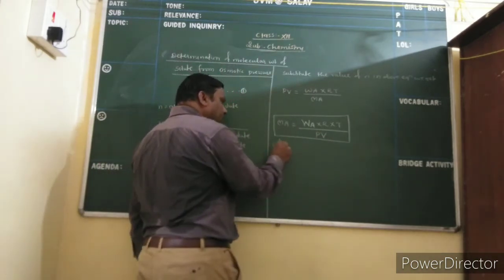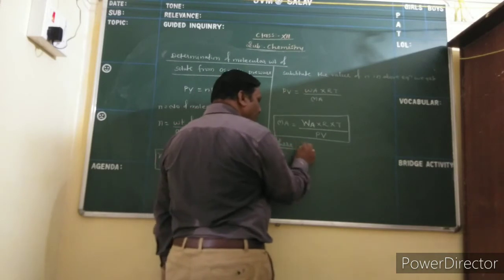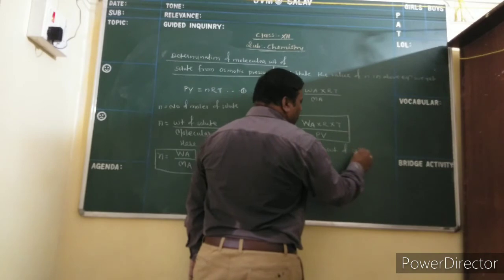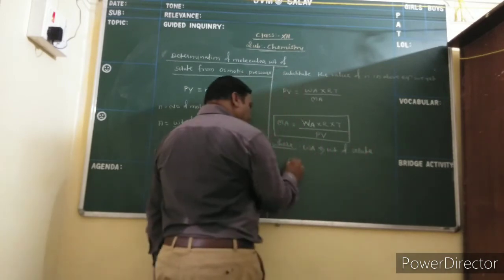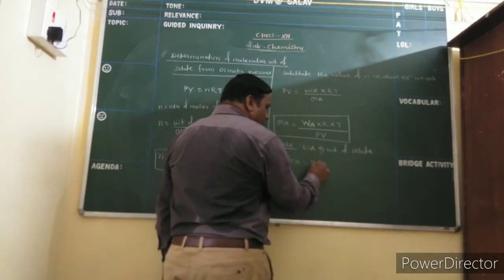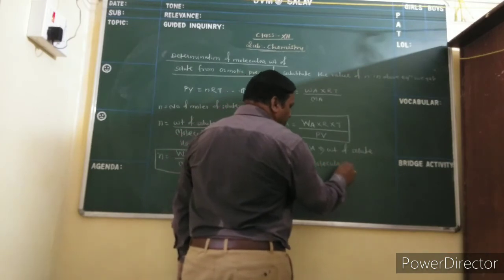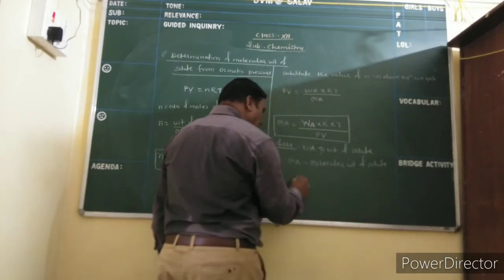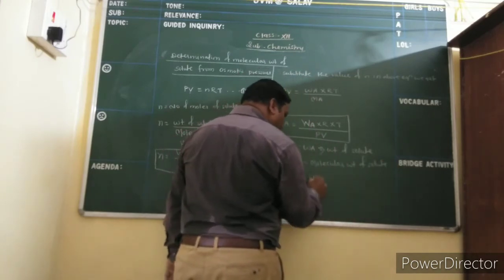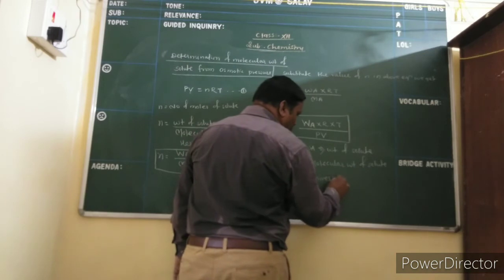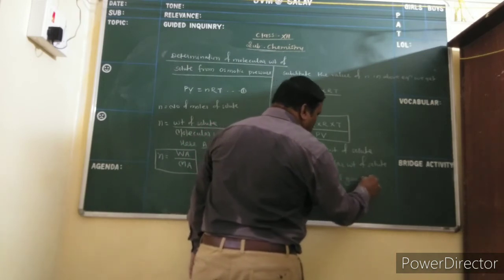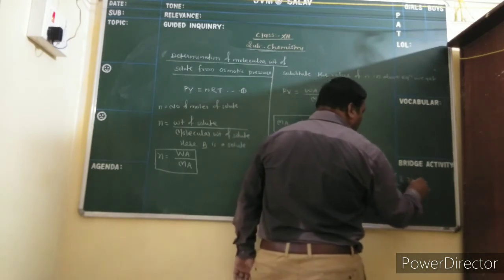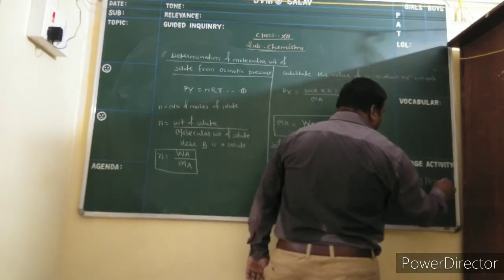Now where WA is the weight of solute, MA is molecular weight of solute, R is universal गैस कांस्टेंट, इसकी वैल्यू आपको पता ही है, 8.314 जूल पर केल्विन पर मोल.